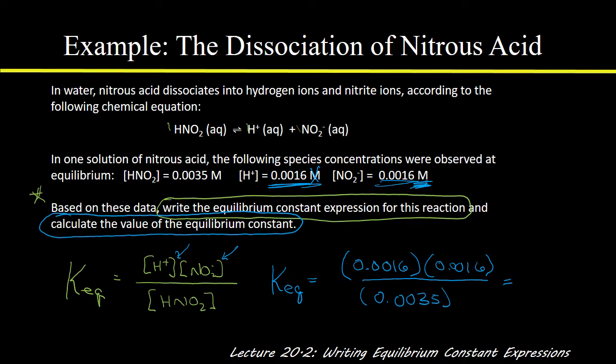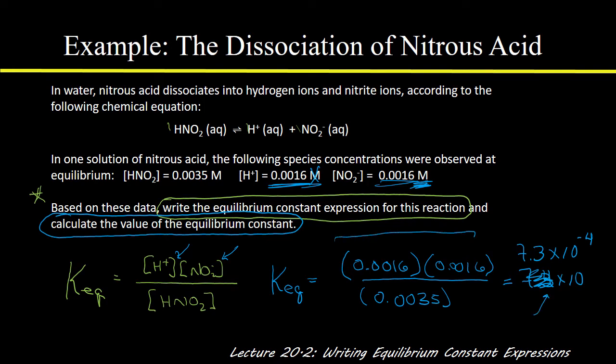And then we just plug all of that into our calculator. When you do that, I think we get 7.3 times 10 to the minus 4. And again, there are no units here.